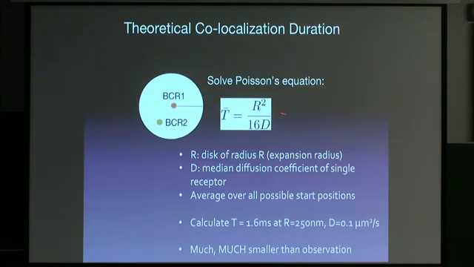And you calculate. We can fit d for the particles without thinking about whether they're red or green. We can just see what d is, and we get a value pretty close to 0.1 micrometers squared per second. If r is 250 nanometers, the biggest radius I considered, then they should stay together for 1.6 milliseconds.